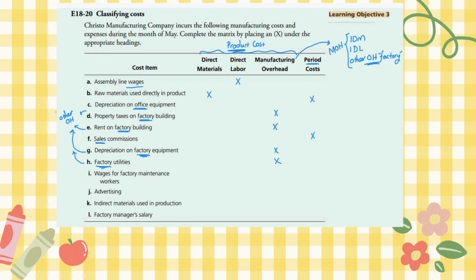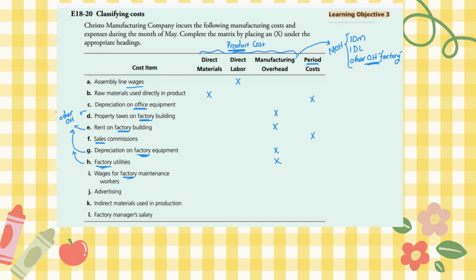Wages for factory maintenance workers, again, factory, so it is product cost. It's talking about wages, so is it direct labor or indirect labor? If they are directly involved, if they work on the product like the assembly line wages, it's going to be direct labor. But if the wages are paid to workers who are working on all the products that we are making, not related to only one product, like the maintenance workers, they work on the equipment.